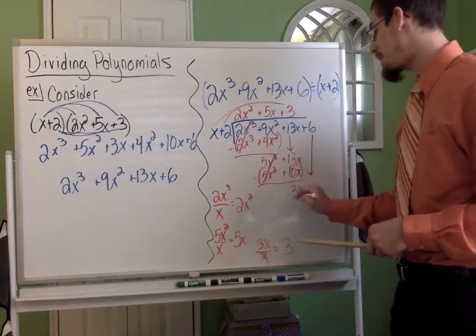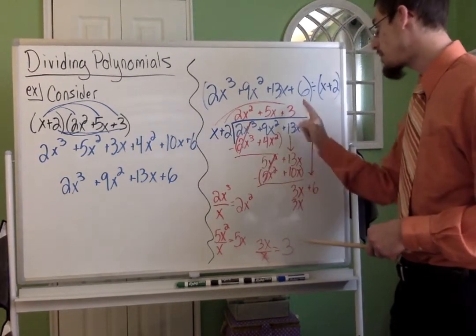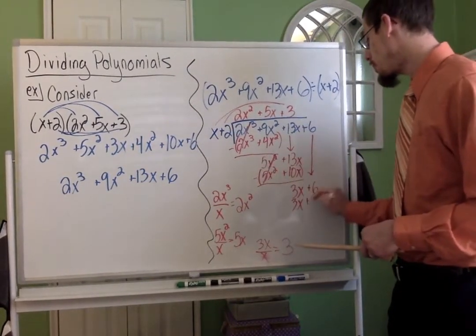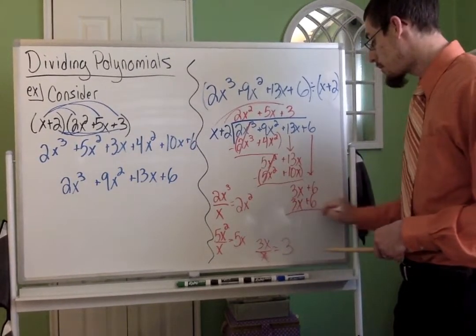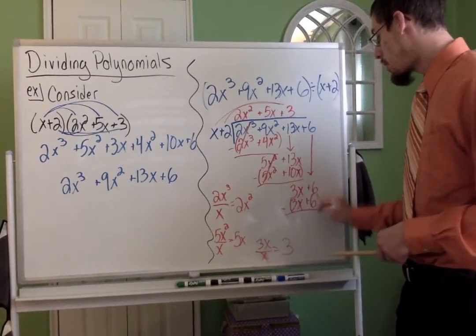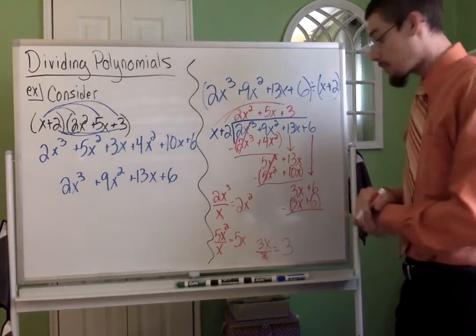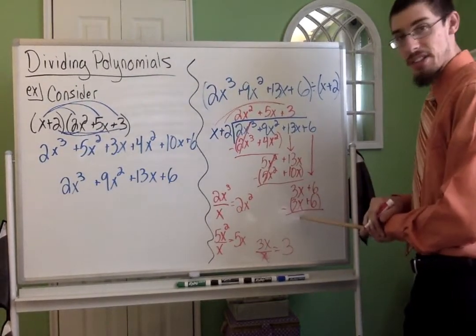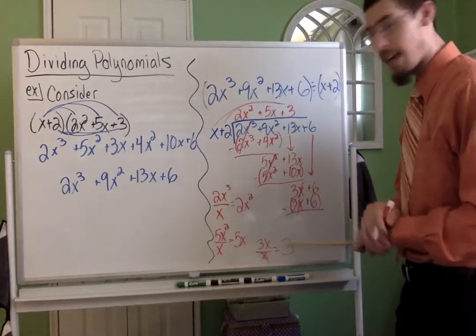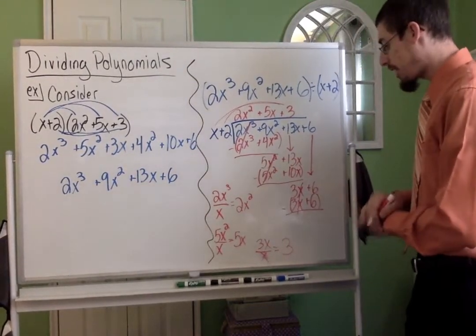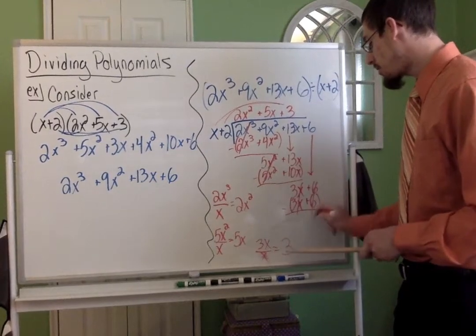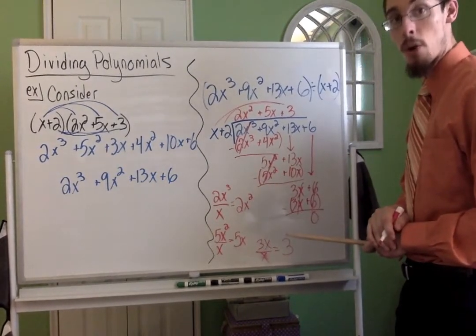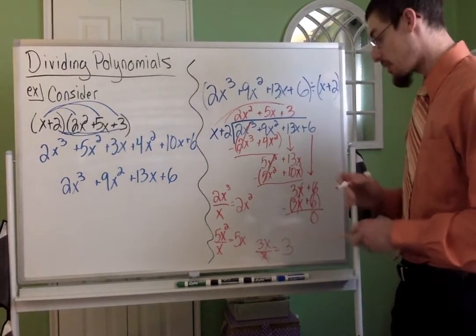So 3 times x is 3x. 3 times 2 is positive 6. You then subtract: 3x minus 3x cancels out. 6 minus 6 cancels out. So the result is 0. There's no remainder.